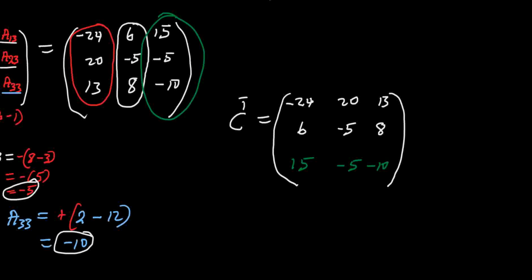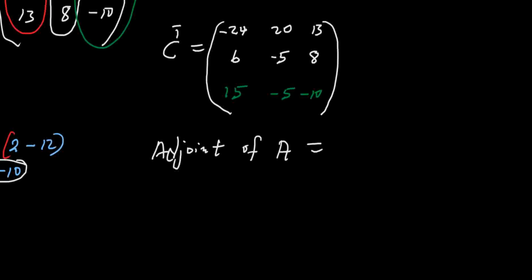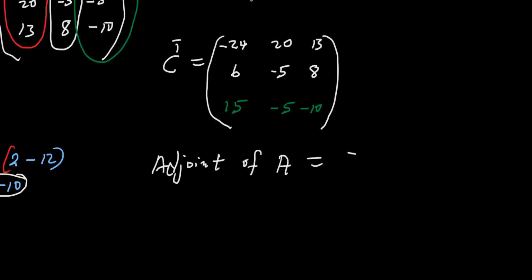So we can simply write this as the adjoint of the square matrix A, and this is equals to negative 24, 20, 13, 6, negative 5, 8, 15, negative 5, negative 10.